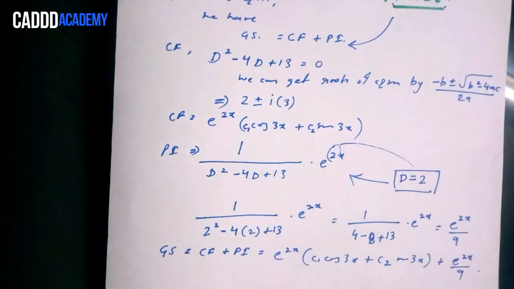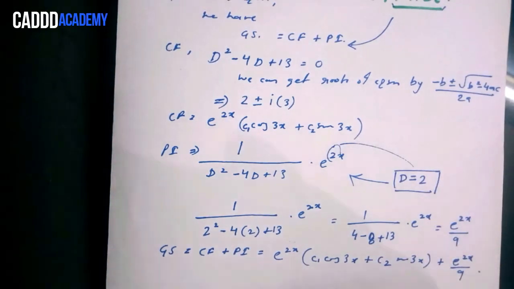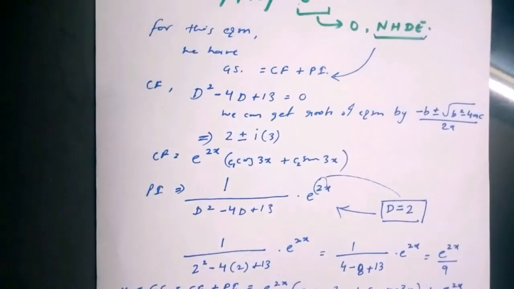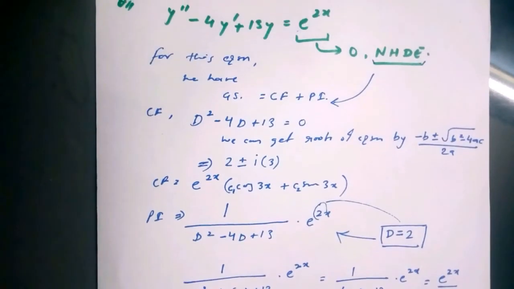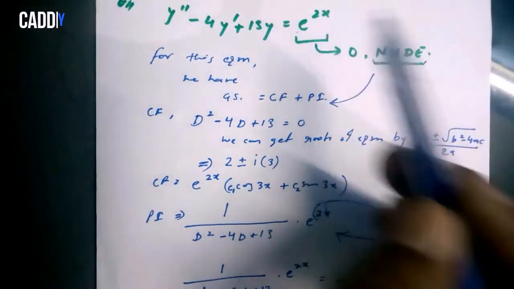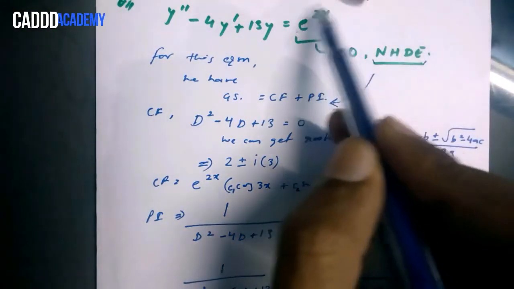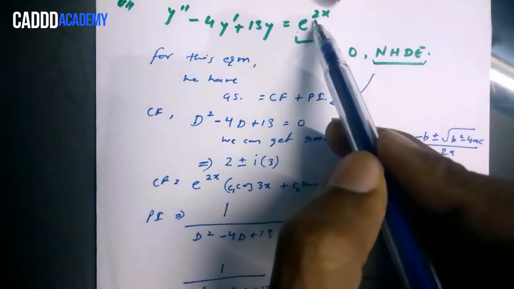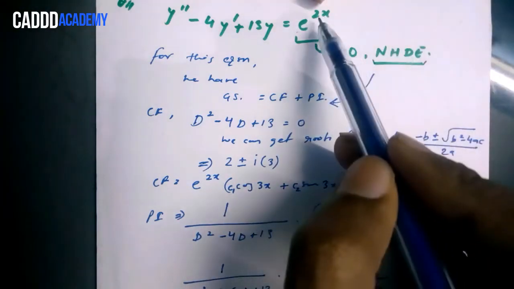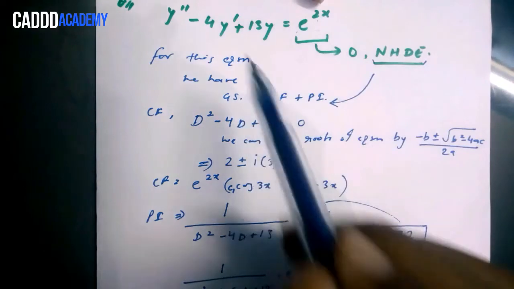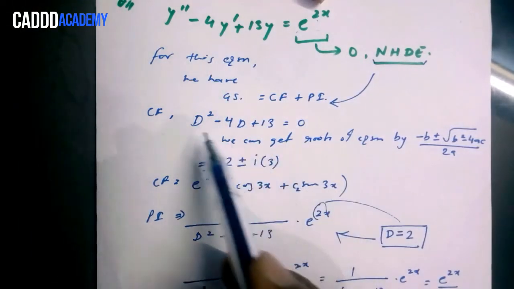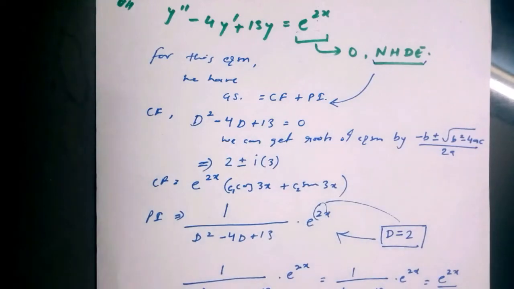This general solution we equate to y. This is the procedure for getting the solution of an equation which has the non-homogeneous term as e to the power alpha x. For that we put D equal to alpha while calculating the particular integral, and the complementary function we already know the procedure for.